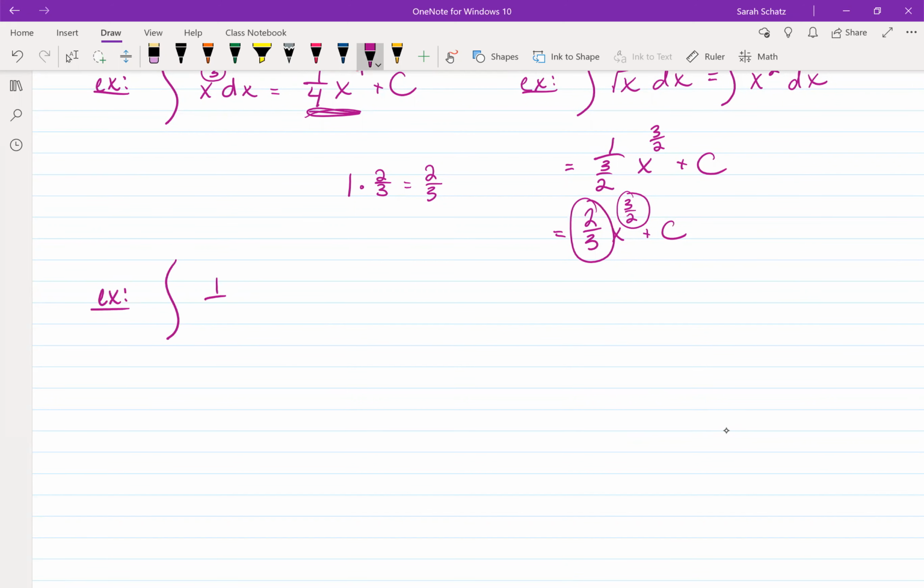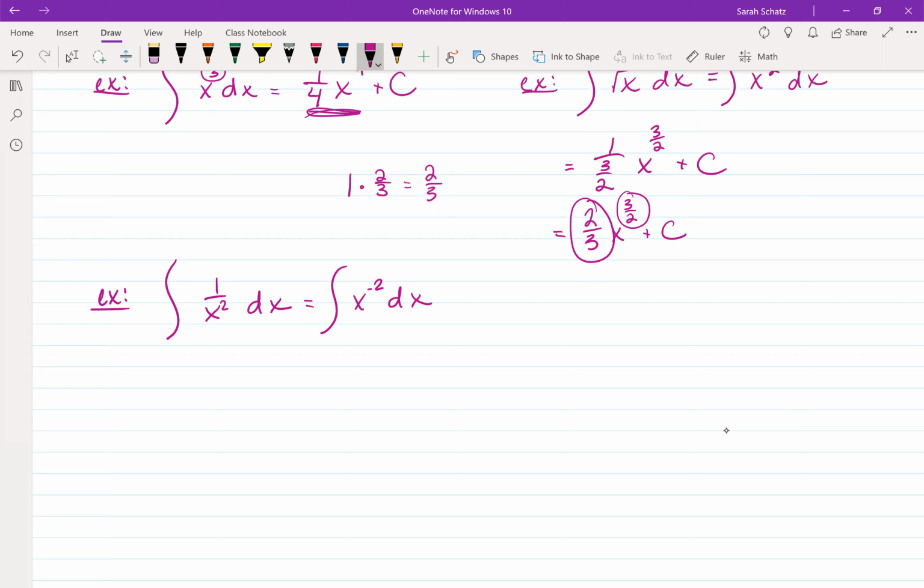What about this one? So you guys, when I have x on the bottom, let's make it 1 over x squared. Now I have x on the bottom. What do you think I would do first before I started taking the antiderivative? What did I do the other direction? Didn't I rewrite it as a negative power? I would write this as x to the negative 2.